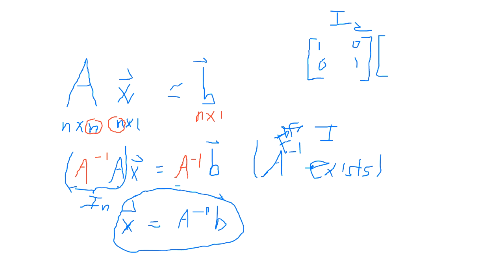If the inverse of A doesn't exist, you can't solve the system this way. But anytime you take an identity matrix, like 1, 0, 0, 1, and multiply it by 3, 4, you're going to get back 3, 4.